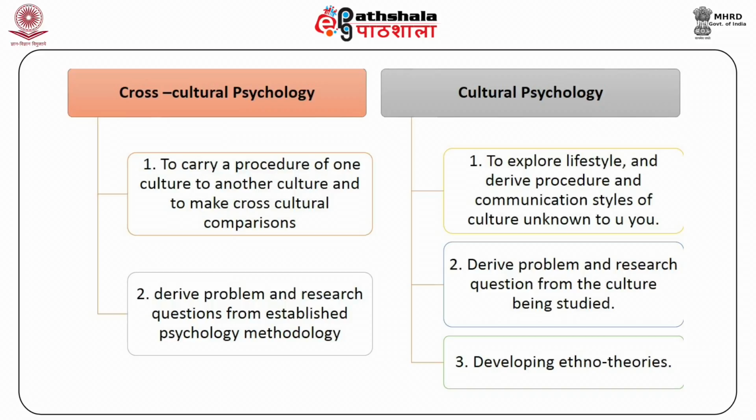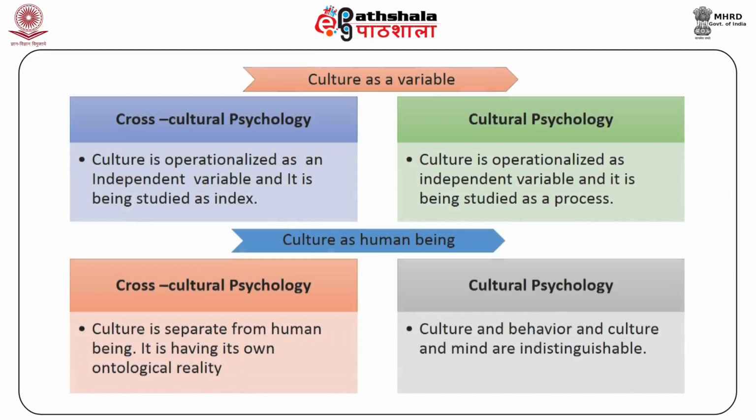3. Developing ethno theories. Cross cultural psychology, culture as a variable: culture is operationalized as an independent variable and it is being studied as an index. Culture and human being: culture is separate from human being.